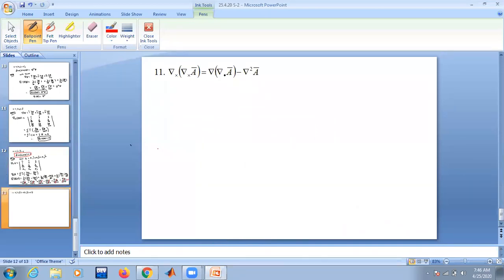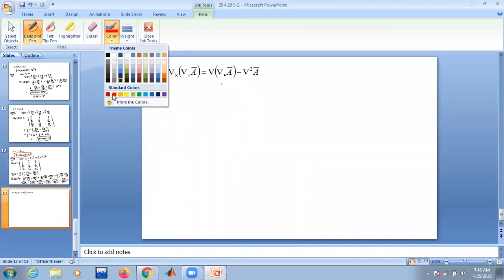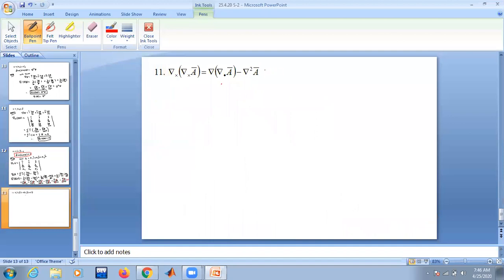Okay, so what is the next result? The next result says that curl curl A bar is del of del dot A bar minus del square A bar. That means curl curl A bar equals grad of div A bar minus del square A bar.